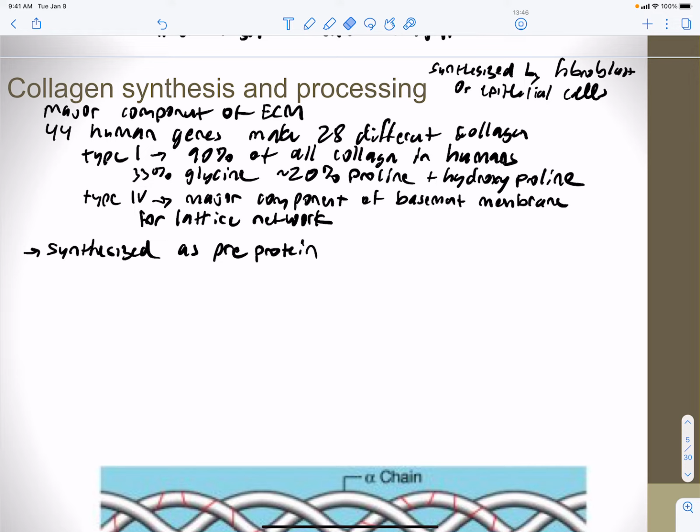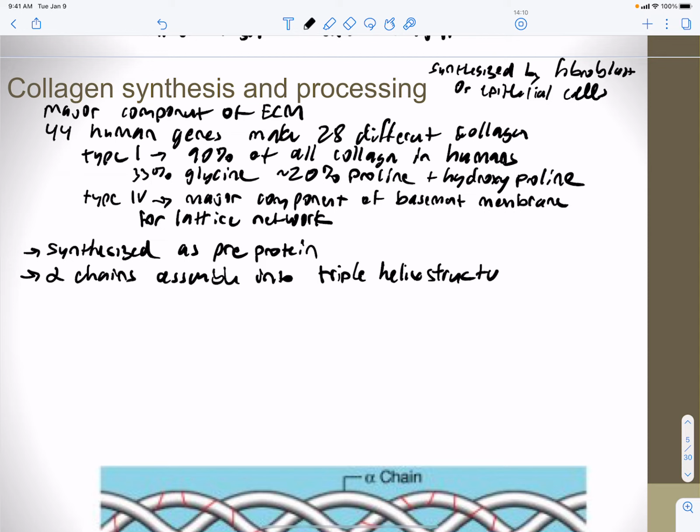So you have two identical alpha 1 chains and one alpha 2 chain.